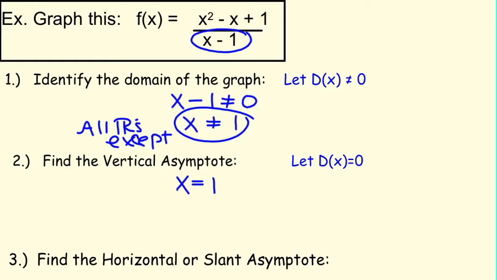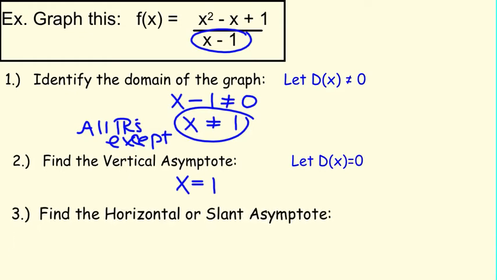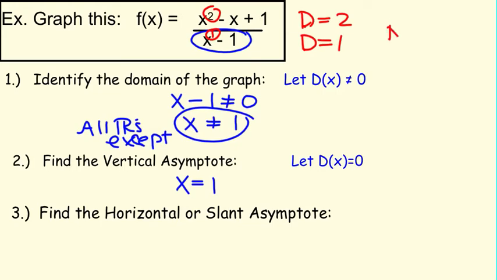Then we'll find the horizontal or slant asymptote. So we're looking at the degree of the numerator and the degree of the denominator. The degree of the numerator is 2, and the degree of the denominator is 1, which means the numerator is exactly 1 more than the denominator.